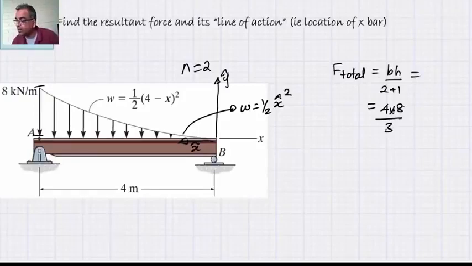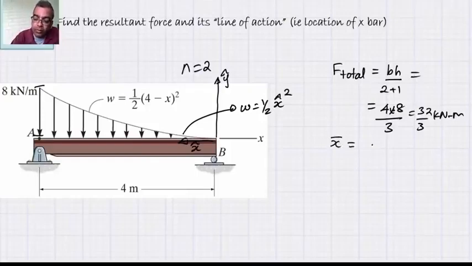Now I make sure that my numbers are right. It is 32 over 3 kilonewtons. X bar equals, base is 4 divided by n plus 2, 2 plus 2, which is 1 meter from corner.